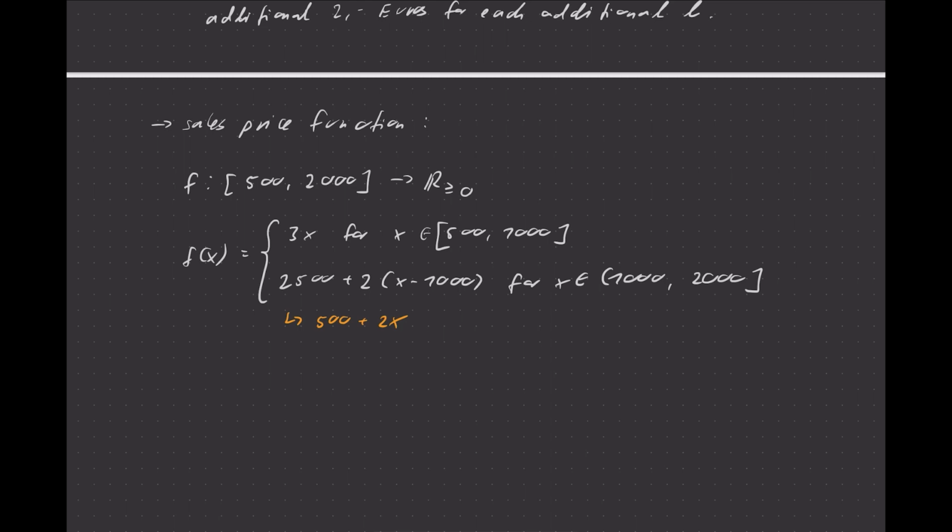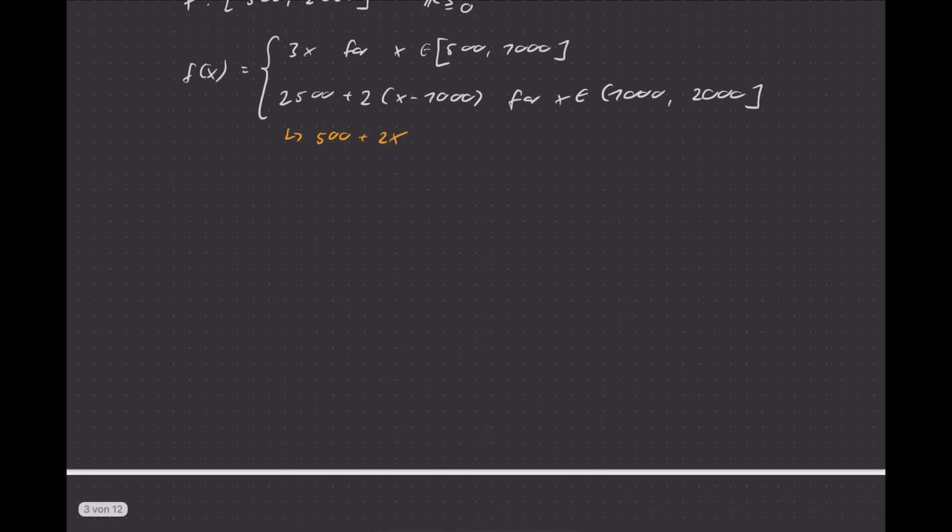And if you look at the graph of that function, you'll notice the following. We have 1,000, 2,000, 3,000, 4,000, and 5,000. So this is the total price of an order: 1,000 euros, 2,000 euros, 3,000 euros, 4,000 euros, 5,000 euros.